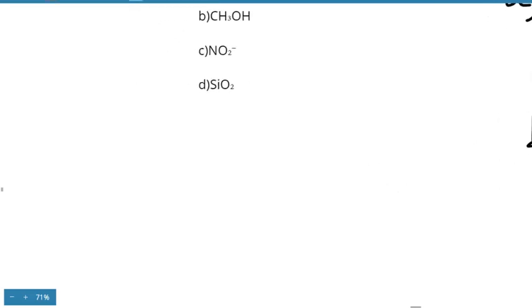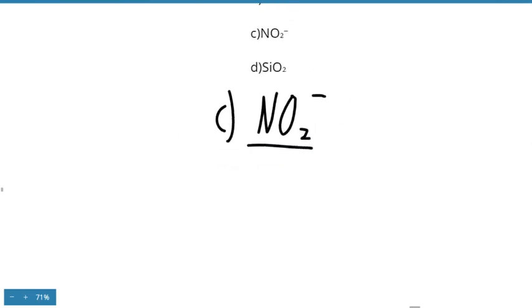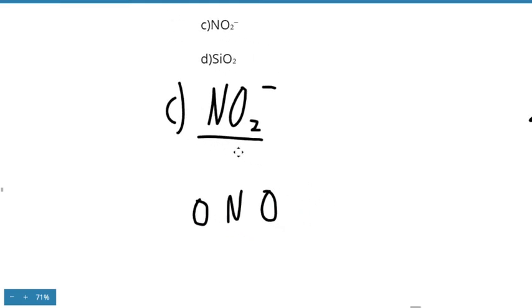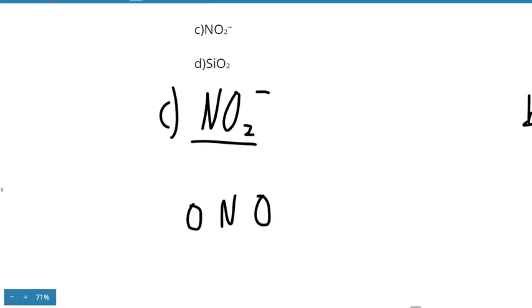Now we can do C. This one is a bit different since it's an ion with the minus symbol. So we can start by placing the elements. We have only one N, so that goes in the middle. And we can start by counting up the want.